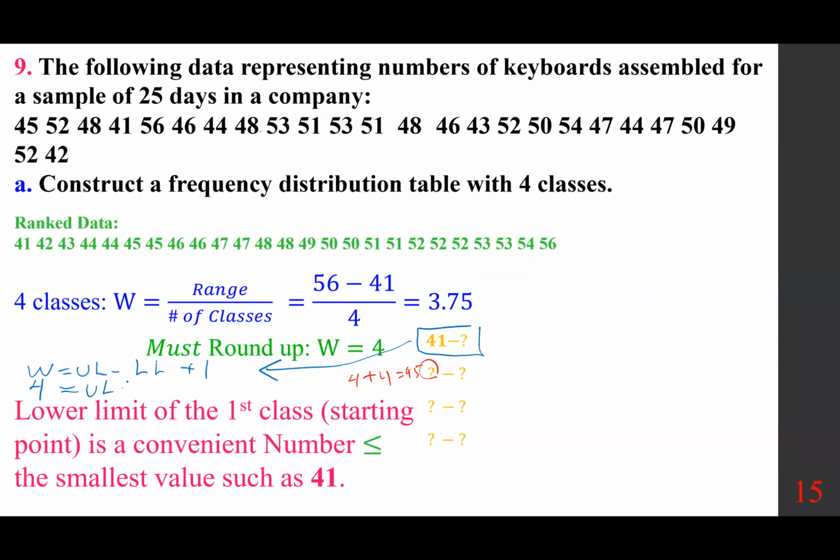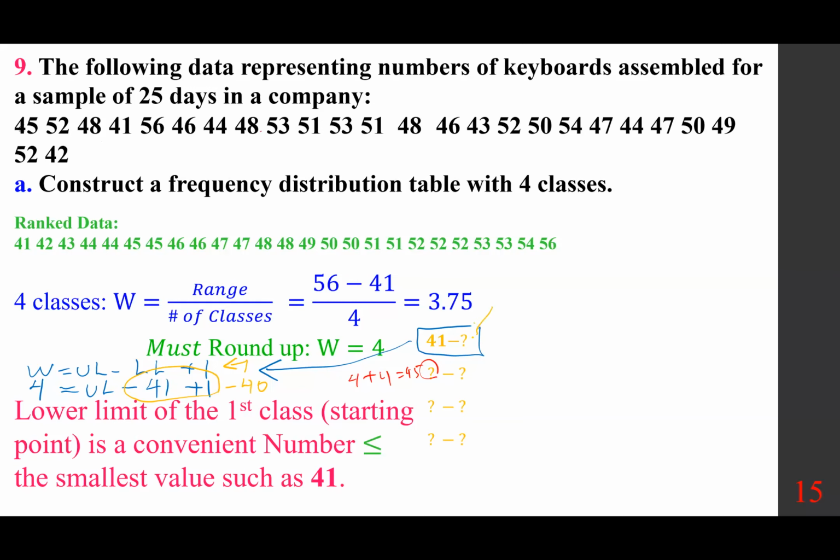The upper limit is missing. The lower limit is 41 plus 1. And I hope you see that we have minus 40. When we move it to the other side, it becomes 44.